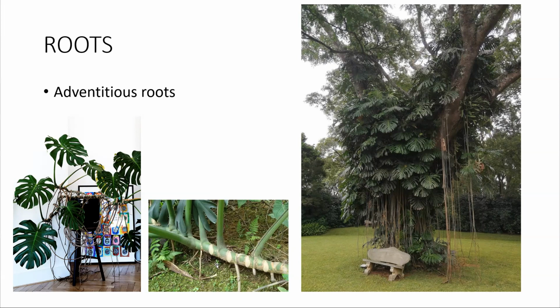Okay, so from a propagation standpoint, we can certainly utilize this by essentially putting these roots into containers. We can get them to root in, and then once they've rooted in, we can remove them from the mother plant and then grow them out.